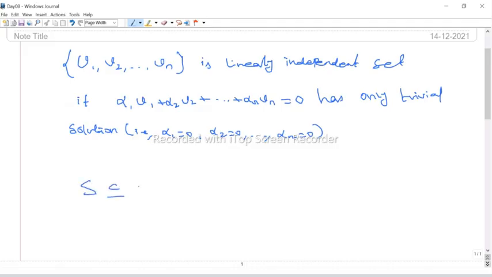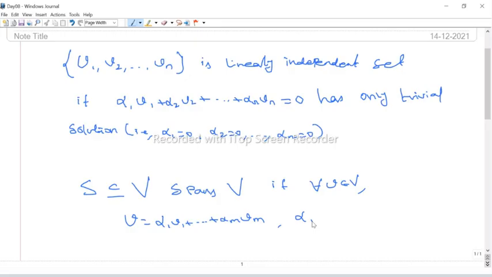Suppose S is a subset of a vector space V. We say S spans V if for every v in V, v can be written as a linear combination of elements from S. That is v equals alpha 1 v1 plus etc. plus alpha m vm, where the alphas vary over the field and the vi are in the set S. S may contain any number of elements, finite or infinite.